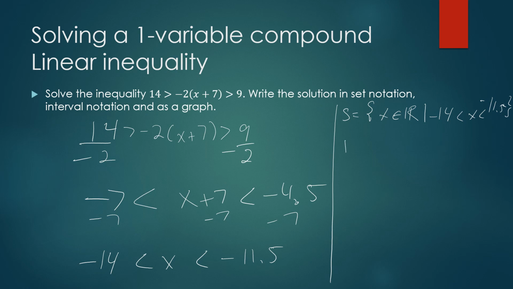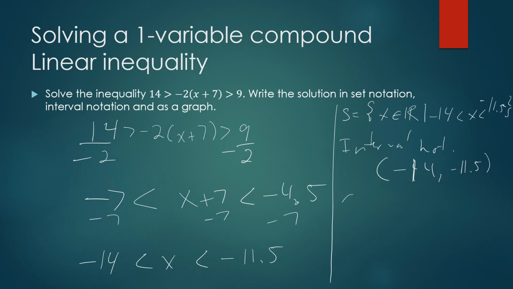In interval notation, it is simply the interval of negative 14 to negative 11.5. Remember that we always go from the smallest number to the largest number, the lower bound and the upper bound.